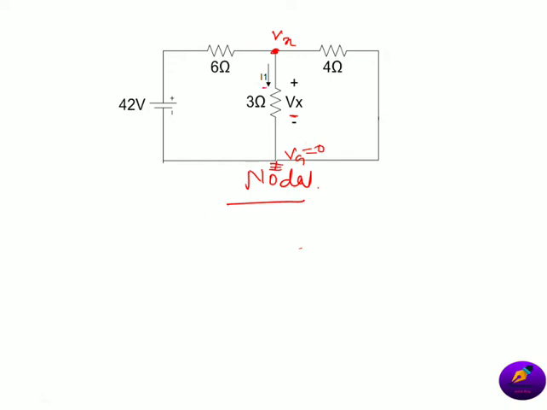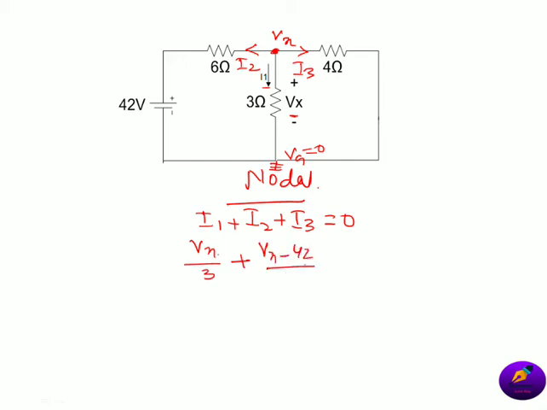Considering this as I1, this as I2, and this as I3, according to KCL, I1 plus I2 plus I3 equals 0. So we have Vx divided by 3 plus I2 as (Vx minus 42) divided by 6 plus I3 as Vx divided by 4 equals 0.